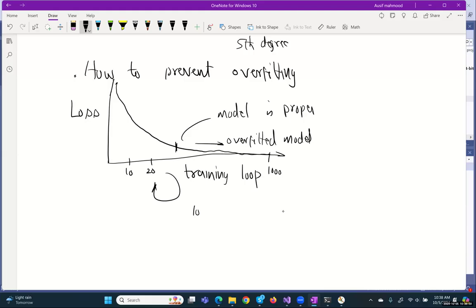Okay, so how do we determine this point? Okay, and the answer is, what we typically do is we use three types of data. We divide our data set into training data, test data, which we will not give to the model, and validation data.